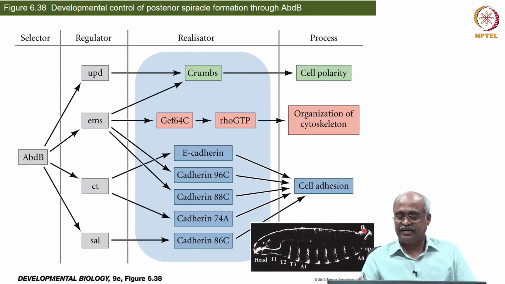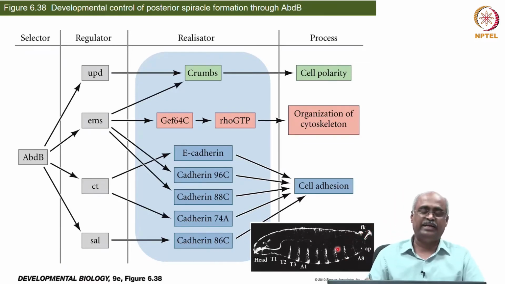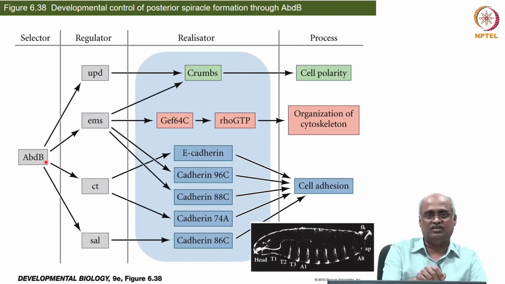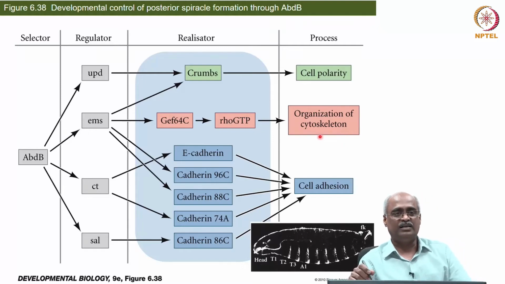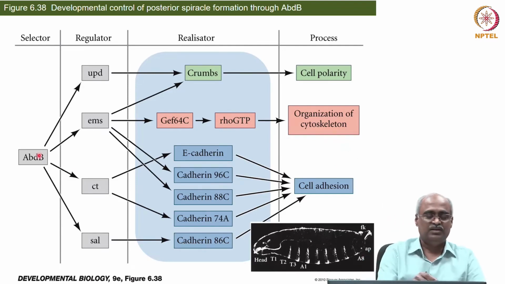In this organ formation, we have a better understanding of this genetic hierarchy, starting from the decision making homeotic selector genes all the way to genes that actually alter the cell structure and function such that a specific organ is made.